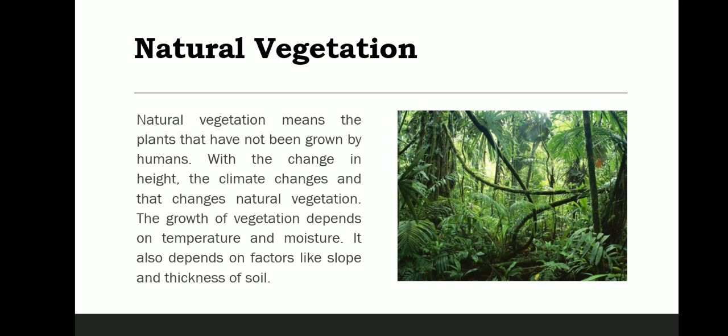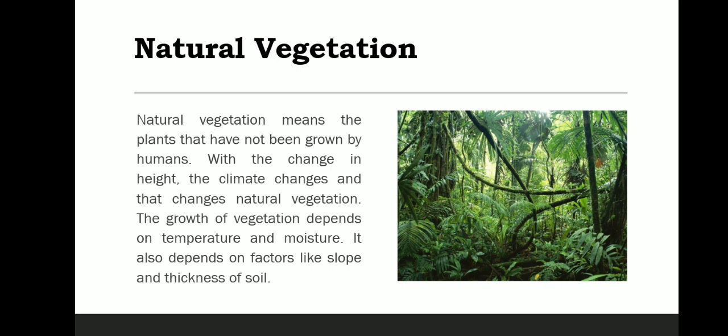Tinatawag din silang mga monsoon forests at kumakalat sa rehiyon na tumatanggap ng pag-ulan sa pagitan ng 200 cm at 70 cm. Ang mga puno ng ganitong uri ng kagubatan ay naglalagas ng kanilang mga dahon nang humigit-kumulang 6 hanggang 8 linggo sa tuyong tag-araw.